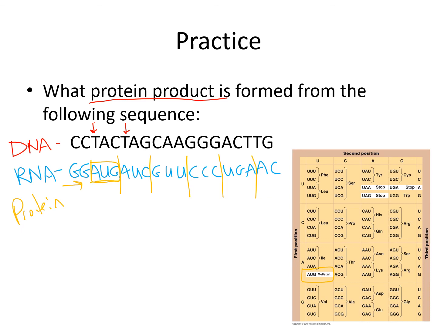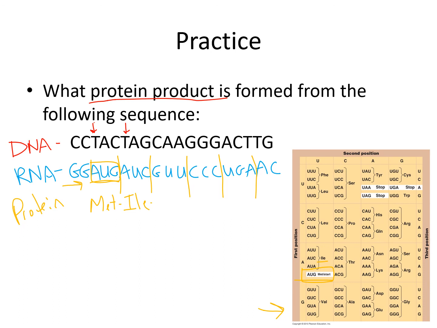And once you find all your codons, then all you have to do is look at the genetic code and find the corresponding amino acid. So AUG is the start codon. It also encodes for methionine. Then AUC is isoleucine.